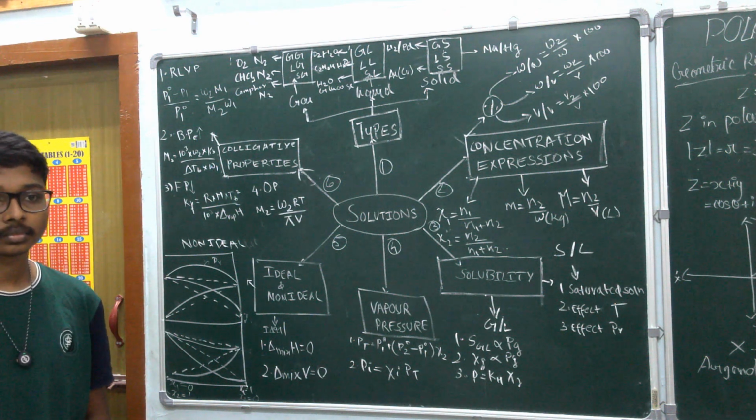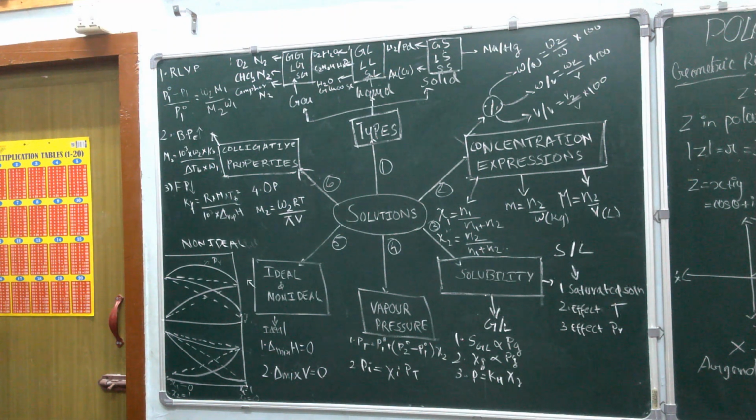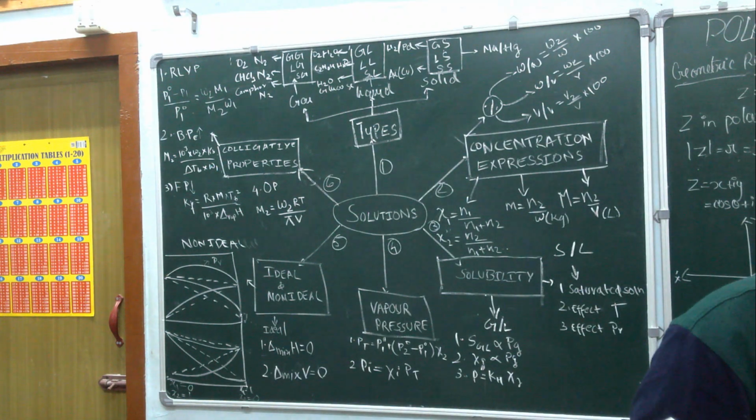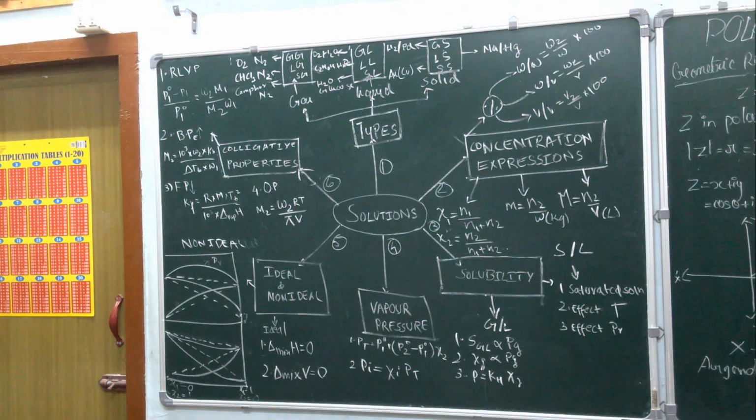Now, can you clarify that freezing point? Get me the book. KF and KB.